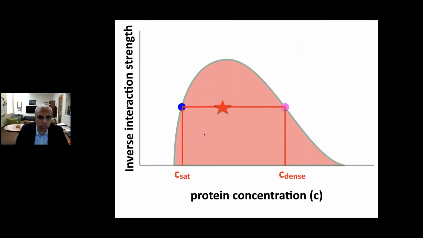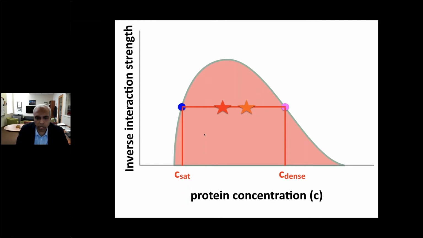If we were to change our protein concentration, where instead of being at the red asterisk, we move over to the orange asterisk, the protein still undergoes phase separation, and what we reproduce for concentrations in the dilute phase will be the saturation concentration Csat, and what we will reproduce in the dense phase will be the value C dense.